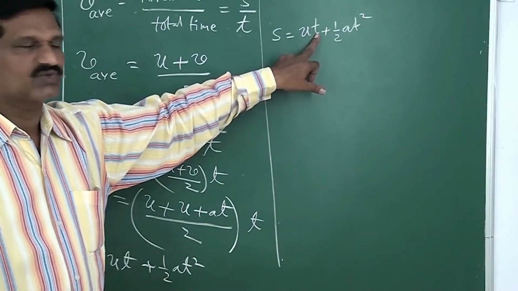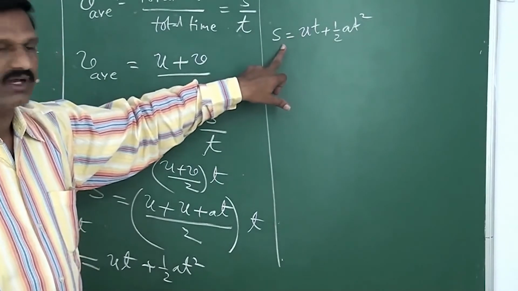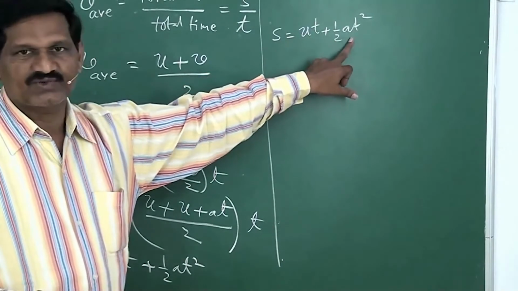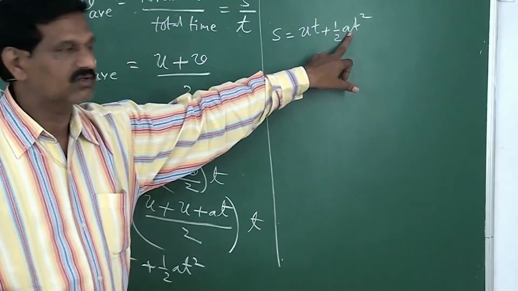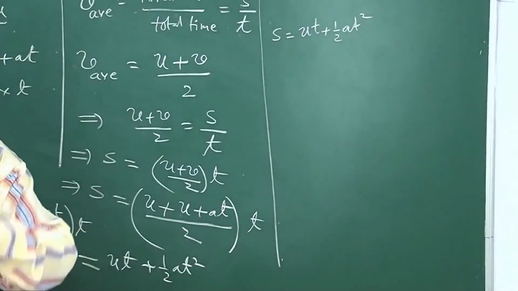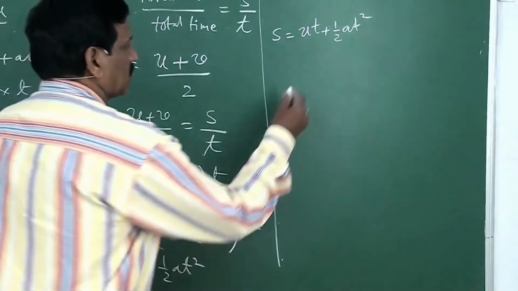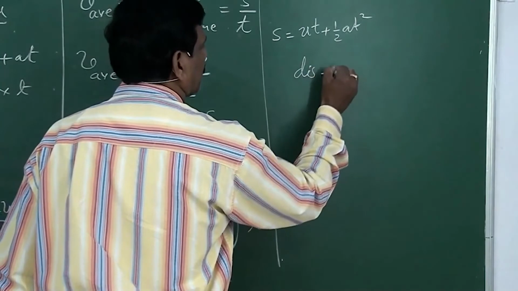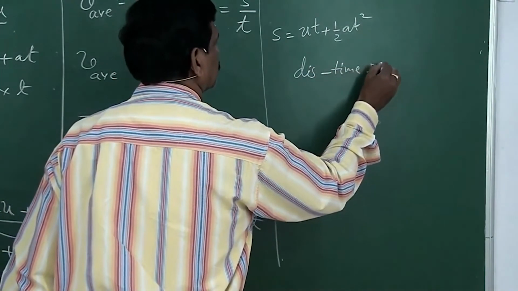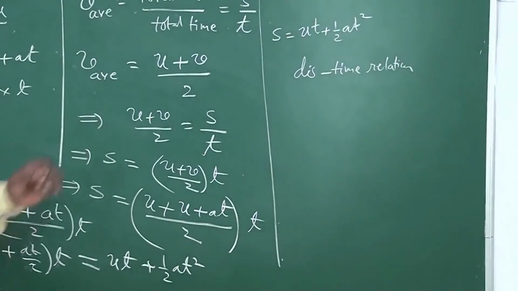For that you use the formula s is equal to ut plus half at square. If you know the acceleration, initial velocity and time, then you can calculate the displacement covered in a particular time interval t. This is called the displacement time relation, the second kinematic equation.